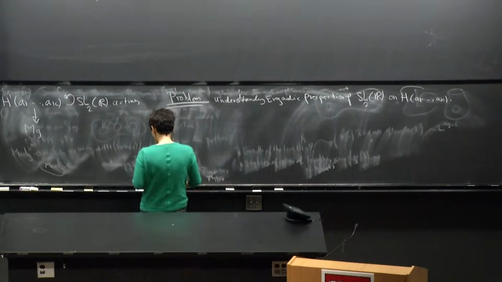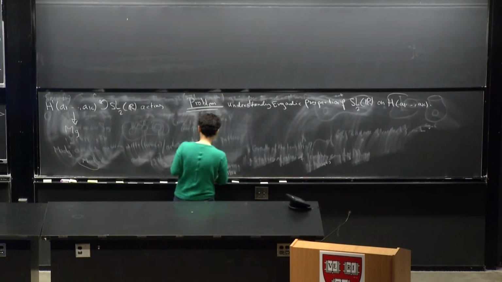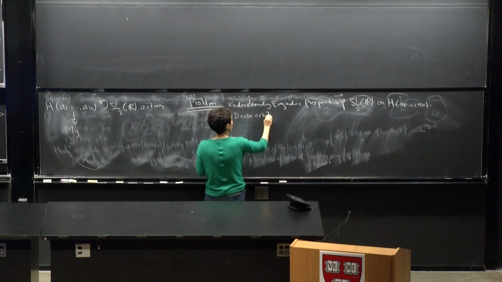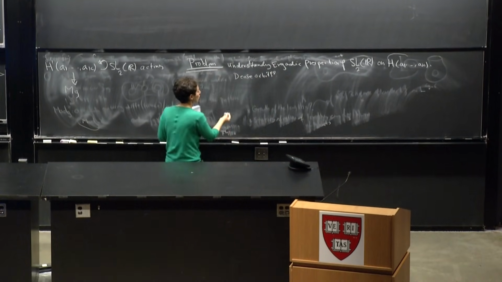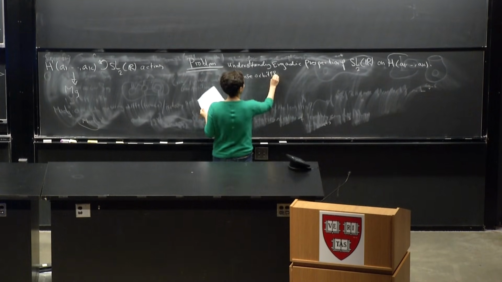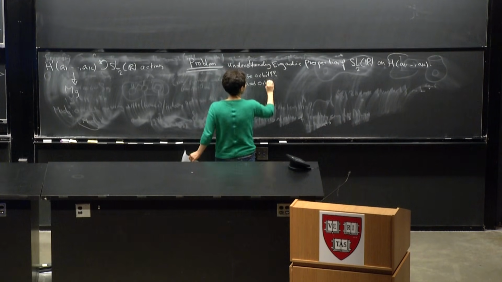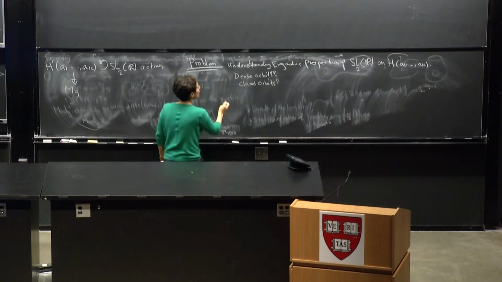So, for example, you can ask: are there dense orbits? What are the closed orbits? These are the types of questions that we ask.